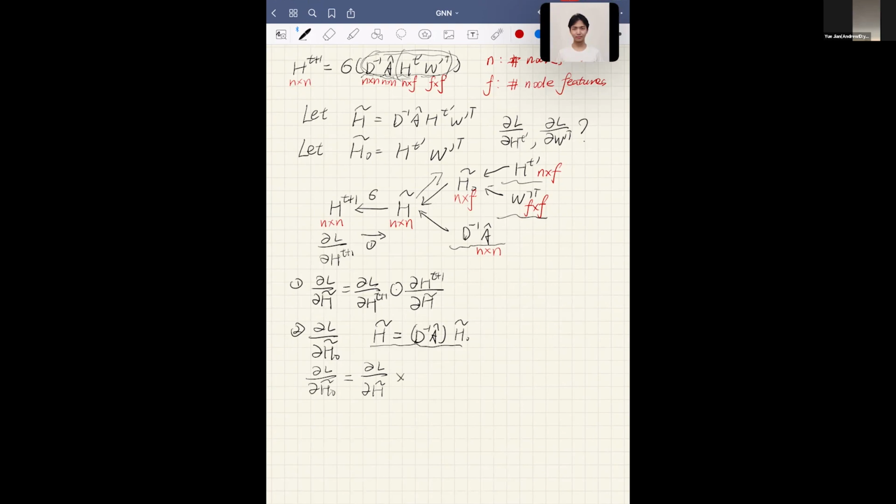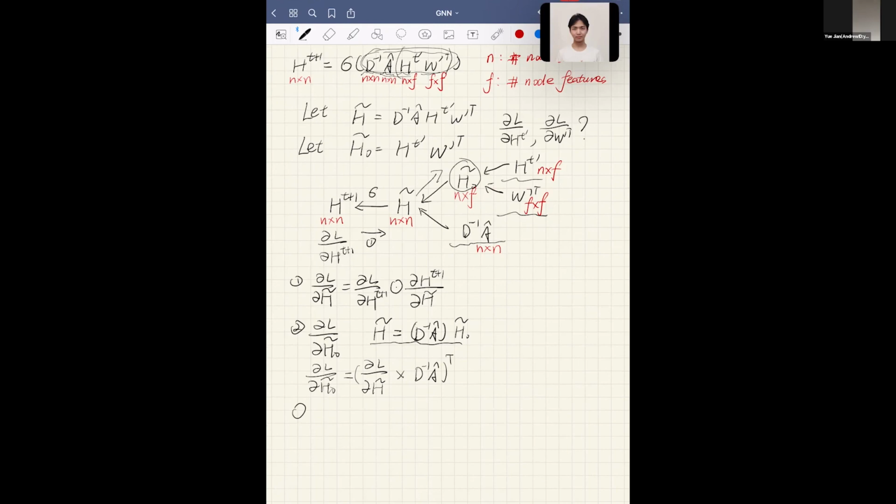Okay, so now we have already got the derivative for H0 tilde.